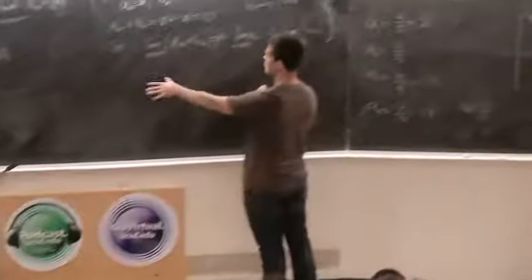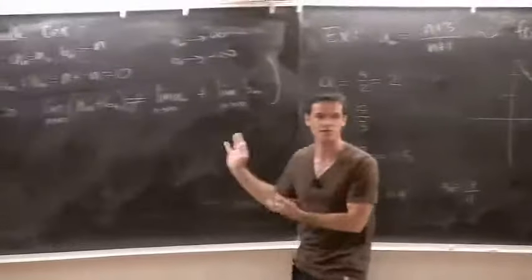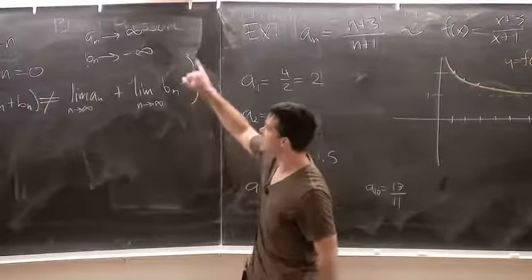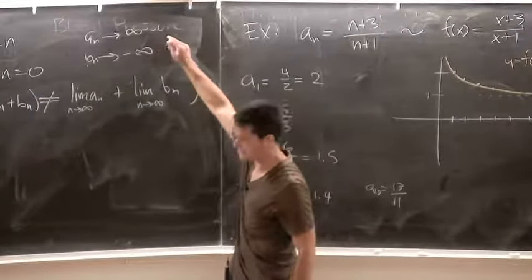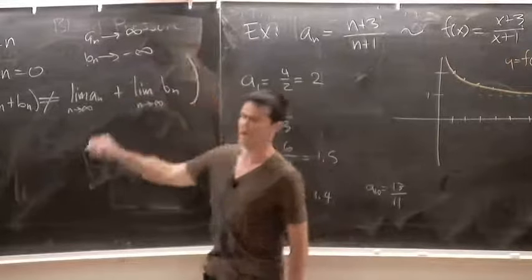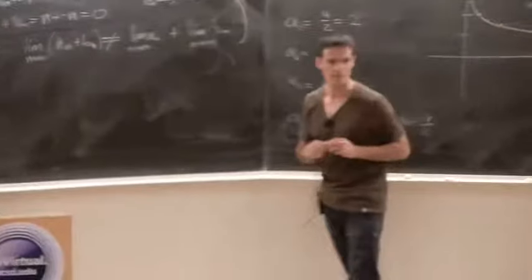The limit of the sum exists. The sum of the limits you're not even allowed to do here. So in the case that the limits of the individual terms don't exist, you are not allowed to apply this property. And this is a counterexample of that. Does that make sense?